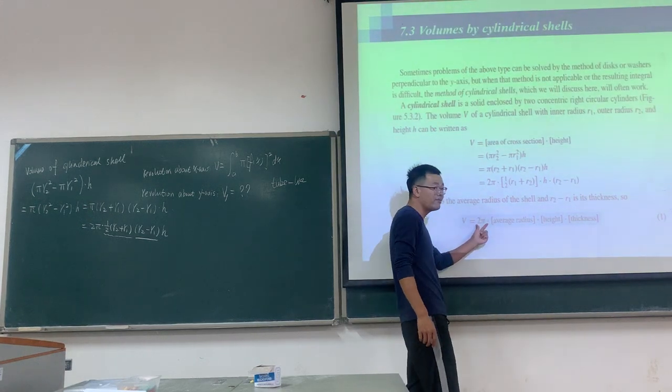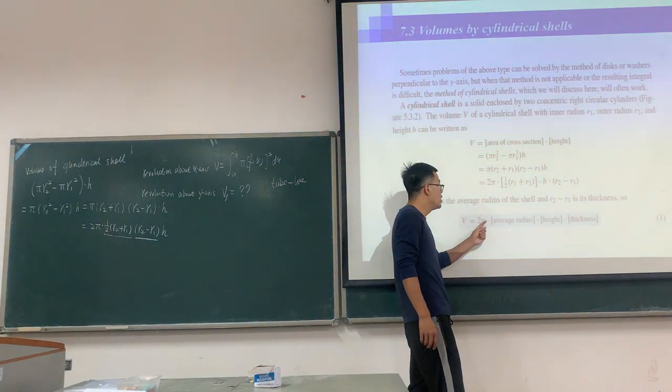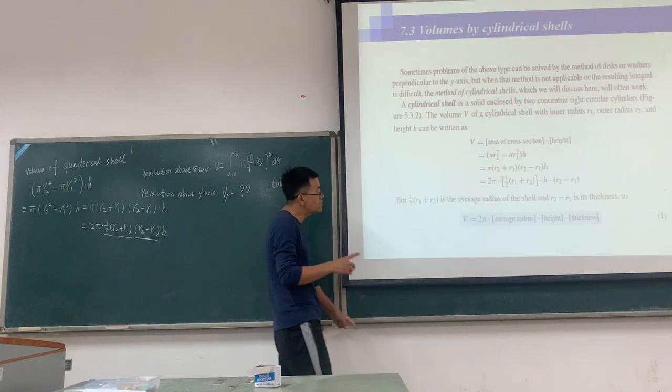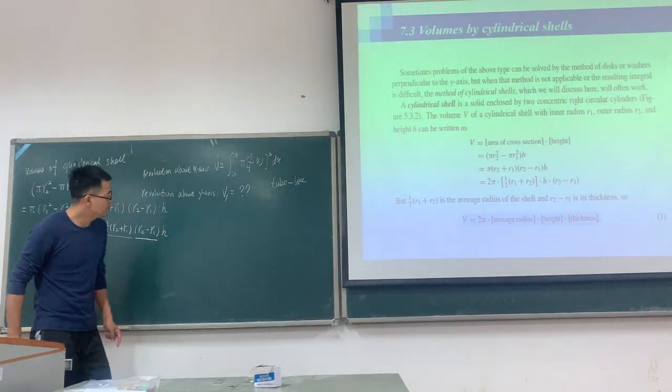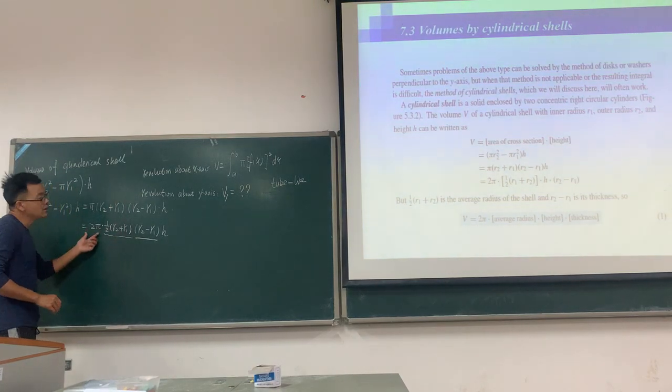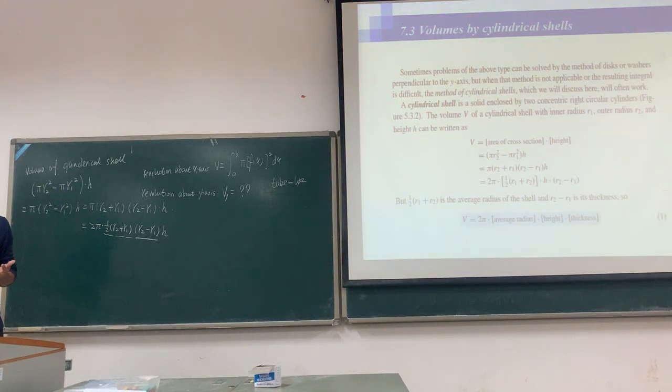Times 2 pi, so this is the volume of the cylinder shell: 2 pi times the average radius times the height times the thickness.